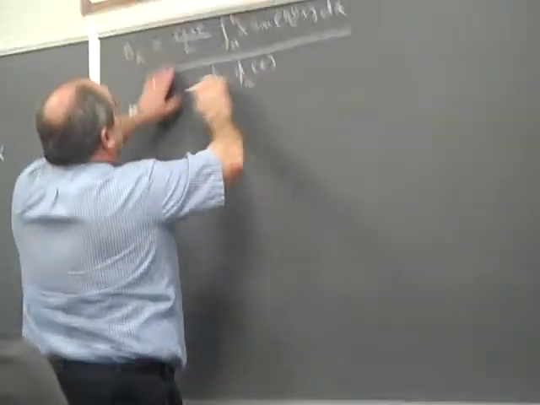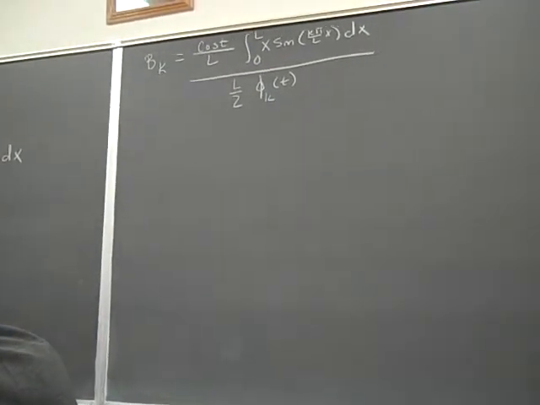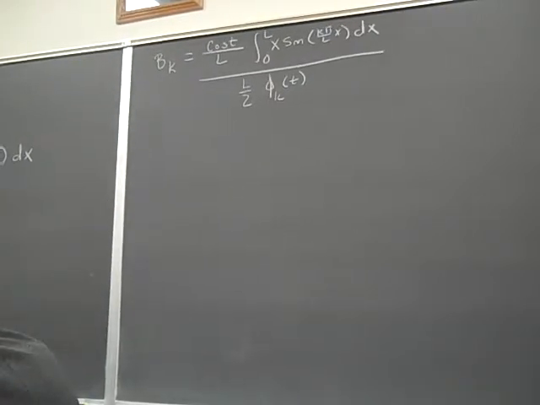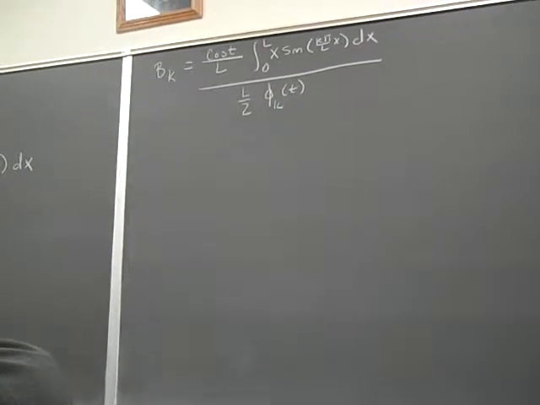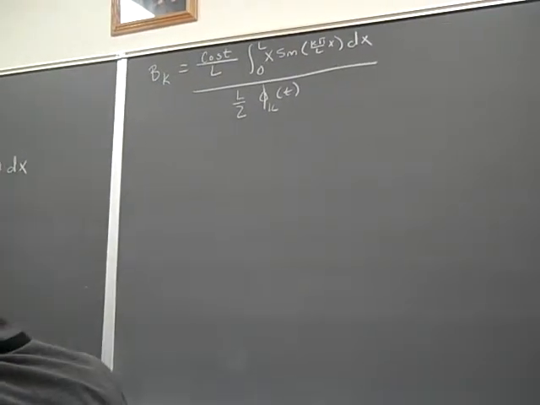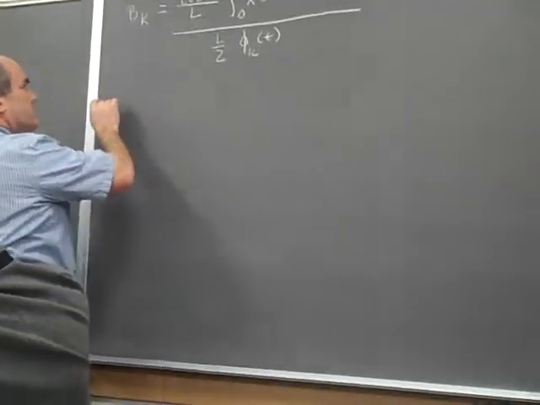Alright, so we have some ways, and I could move the t's back over onto this side if I wanted to. But we have some ways of calculating some things here. Still some interesting issues going on, but we're starting to see a little light at the end of the tunnel.